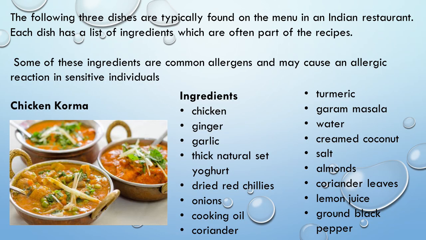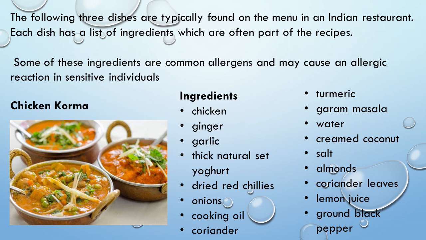Now, the dish has a list of ingredients which are often part of the recipes. Some of these ingredients are common allergens and may cause an allergic reaction in sensitive individuals. So these are the ingredients that you find in chicken korma.